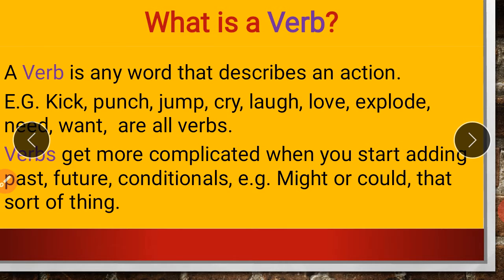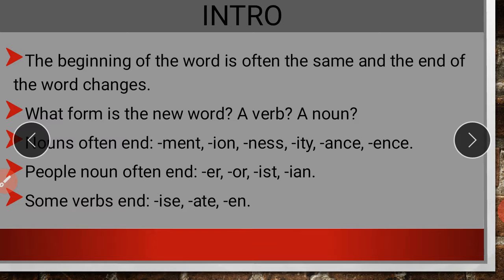Verbs get more complicated when you start adding past, future, and conditionals, for example might, could, would, and should. These are more complicated, and they include past tense, future and conditional classes also.